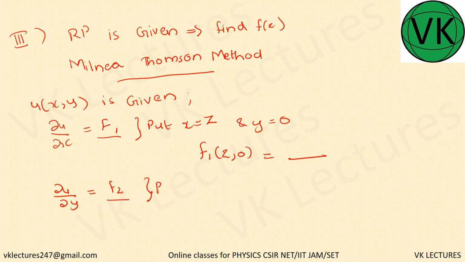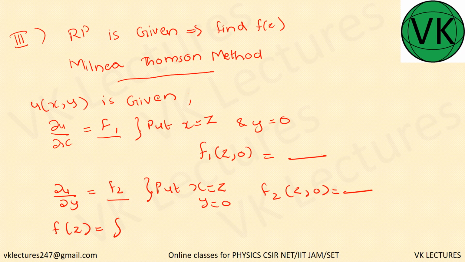Put x is equal to z and y is equal to 0 here. Then we are going to get f2 of z, 0. Then f of z is equal to integral of f1 of z, 0 dz minus i times integral of f2 of z, 0 dz. This is the format. This is how we are going to find f of z.